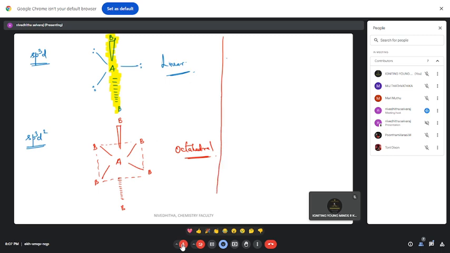If the hybridization is sp3d2, the central atom can form 6 chemical bonds, in which the central atom has only 5 terminal atoms: 1, 2, 3, 4, 5. So one bond is filled with a lone pair of electrons. So this shape is called square pyramidal.